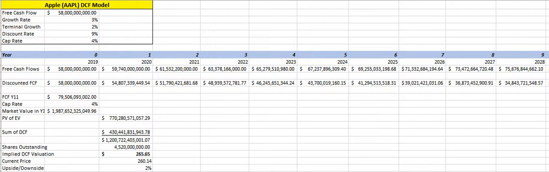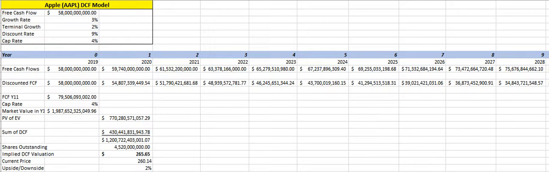If we discount that future valuation back to the present, you get the present value of the enterprise value, which is 770 billion, and then you add to that the sum of all the discounted cash flows.